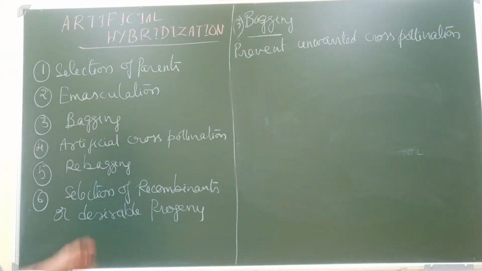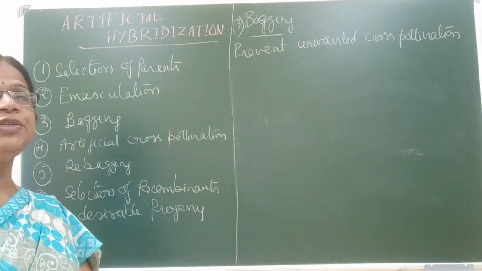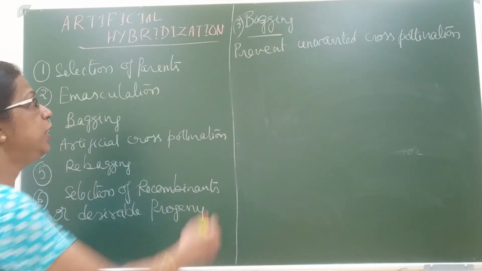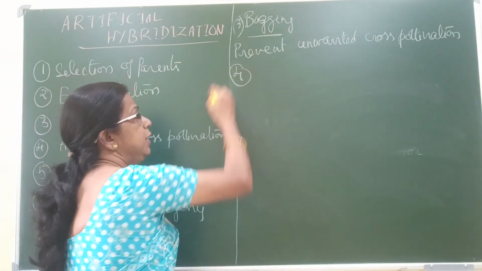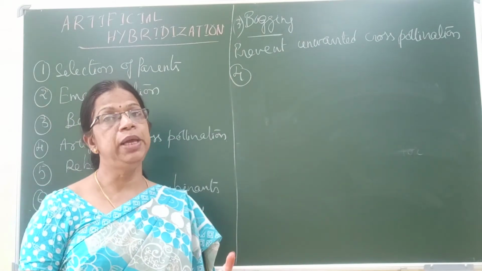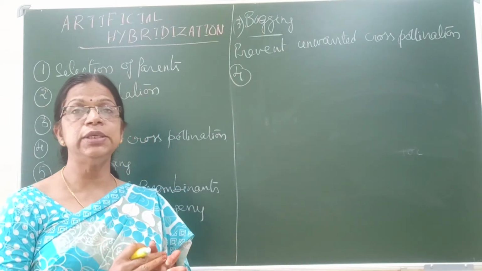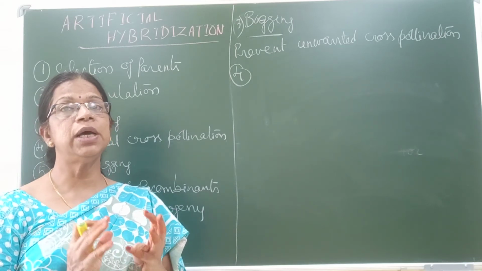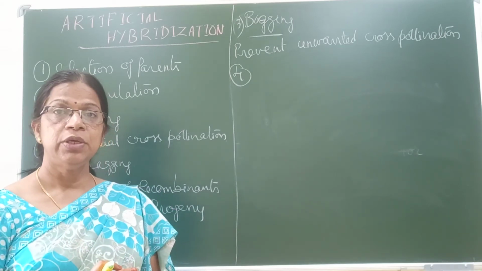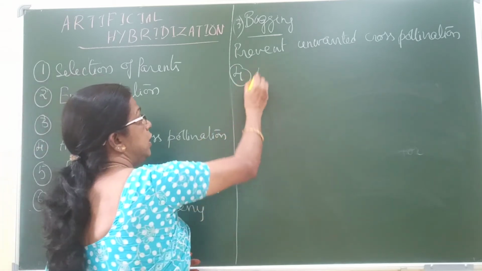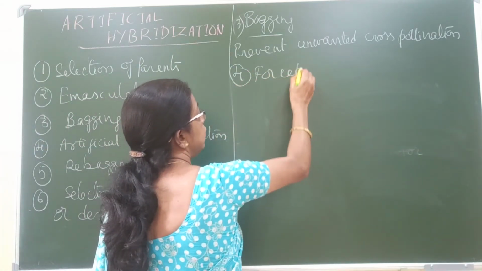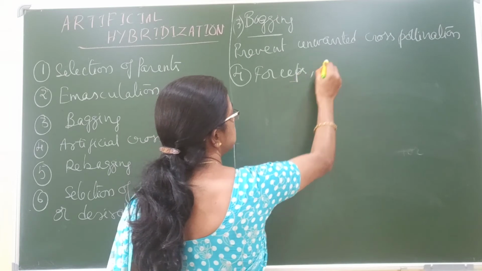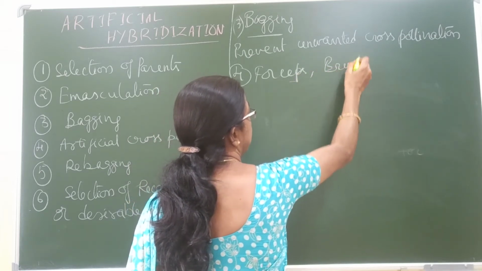Now after bagging, artificial cross-pollination is done. Carefully the pollen grains are collected from the male parent and dusted on the stigma with the help of a brush. So the requirements here are forceps and brush. For artificial cross-pollination, forceps and brush are required.